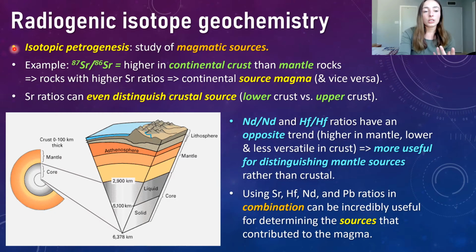Just like strontium can be really specific when distinguishing crustal sources between lower and upper crust, hafnium and neodymium can be useful for distinguishing mantle sources. And because of this difference between strontium and neodymium and hafnium, we can combine those proxies to paint a great picture of what sources contributed to a magma that then contributed to the resulting rocks that we are measuring.